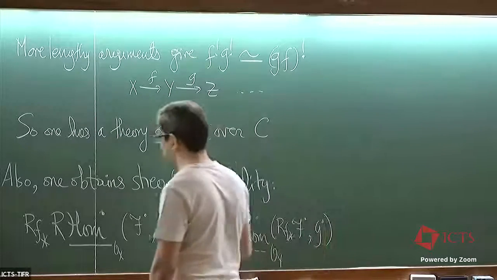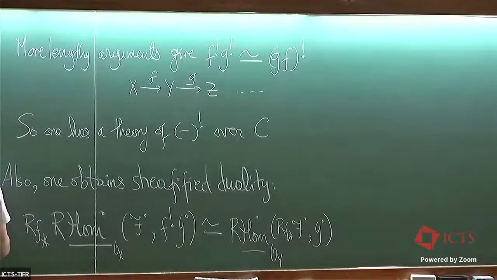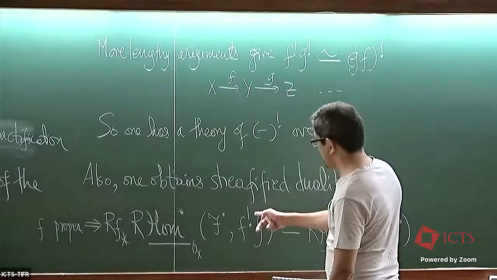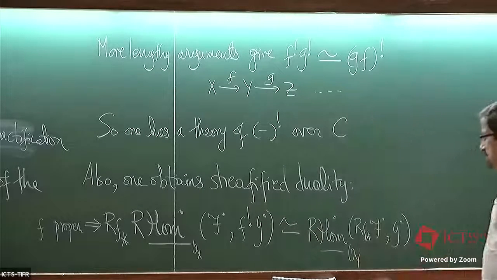This is for proper, F proper. Because anyway, we are interested in it. We get an adjointness result using shriek only for proper. But this is what I hope I didn't mess up here.